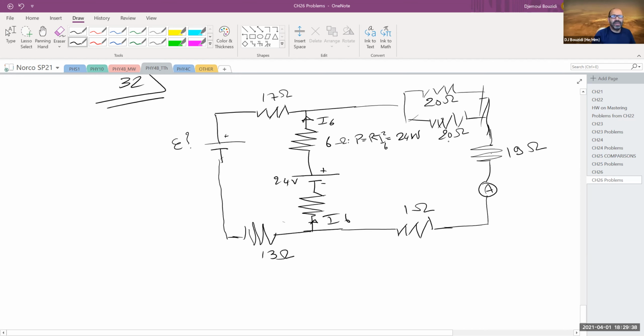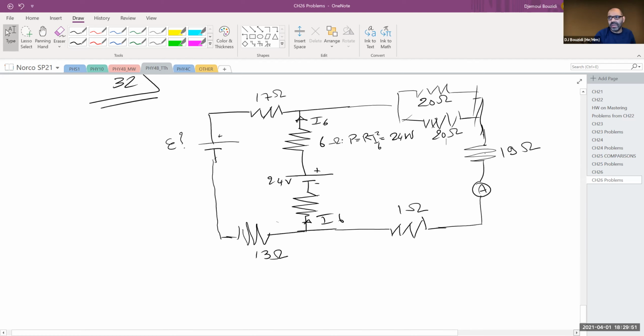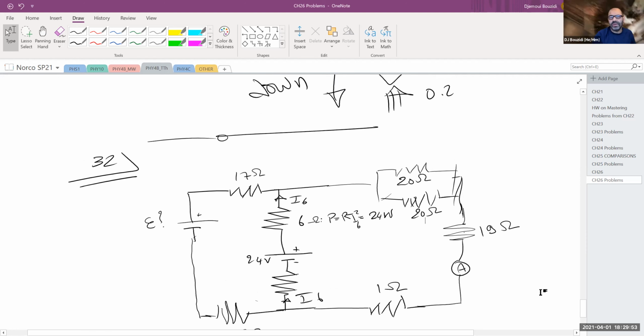Please do not be intimidated by this kind of problems. They are only just trying to scare you, okay? They are actually very, very easy. As a matter of fact, those two 20 ohm resistors are basically the equivalent of just one resistor, because this is 1 over 20 plus 1 over 20, inverted. So this is as if I have 1 over 20 plus 1 over 20 to the negative 1.